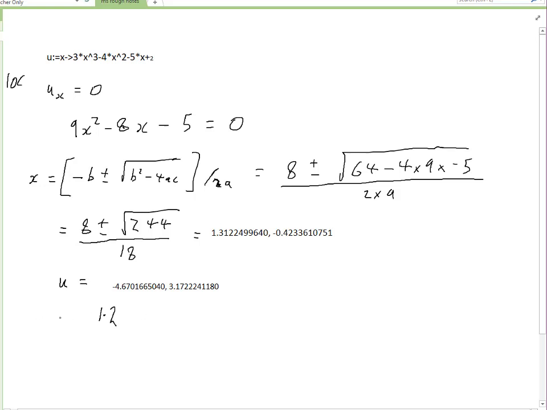So let's look at other values of u. Just above that would be 1.4. This one just below, let's go for negative 0.43, and above it negative 0.41.